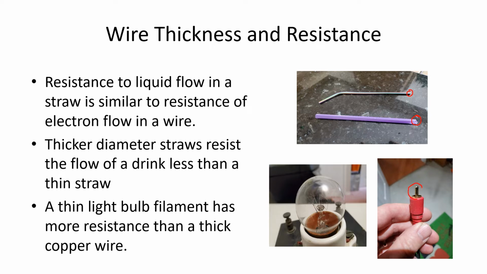If you've got a thick wire like this, the electrons can flow pretty easily through it because there's quite a bit of area for them to pass through. If you have a very thin wire, like these filaments in the old style light bulbs, it's very narrow and it's very hard for all the electrons to get through as rapidly. So thickness has to do with the resistance of a wire.